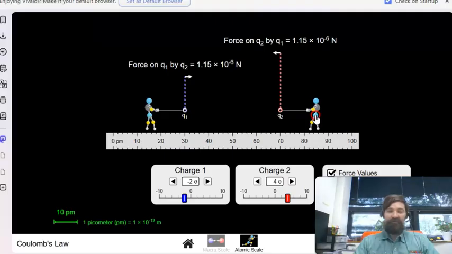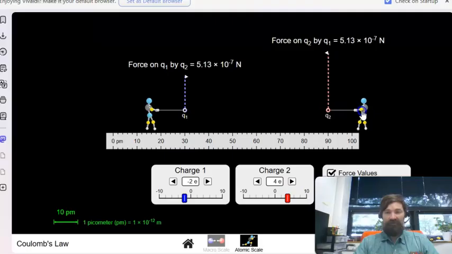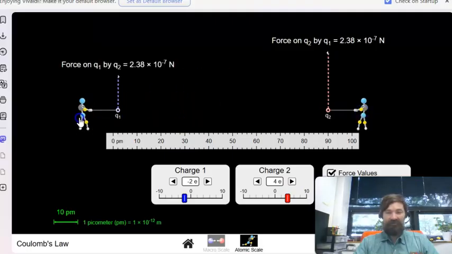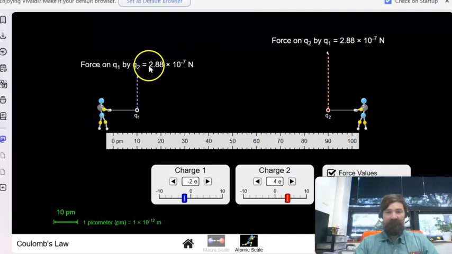And if I double the distance, so right now we're at 40, to double the distance I need to get to 80 apart. So let's move this guy over to the 90 mark and this guy to the 10 mark. This is 2.88 times 10 to the negative 7. 4 times that is very nearly that 1.15 times 10 to the negative 6.